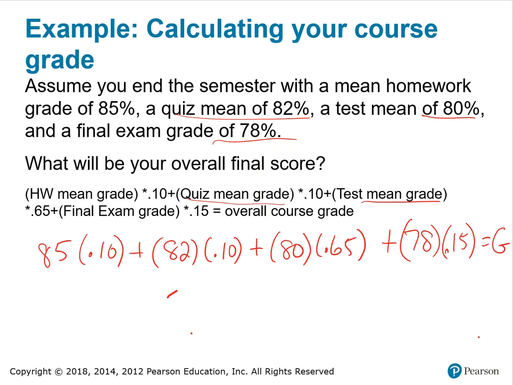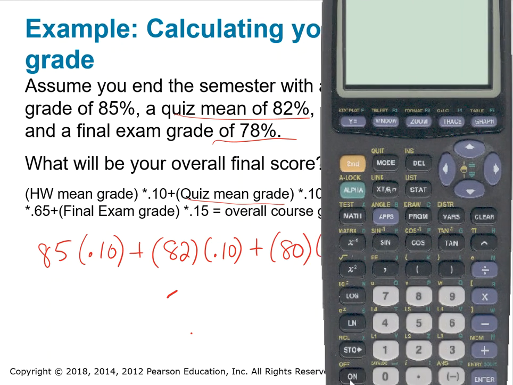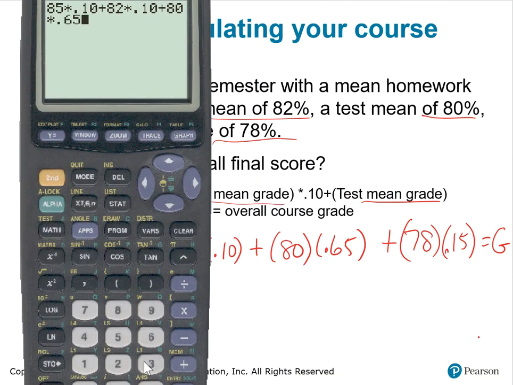Calculating that, find my calculator. I'm going to take 85 times 0.10 plus 82 times 0.10 plus 80 times 0.65 plus 78 times 0.15, and that's going to give me a numerical grade of 80.4.